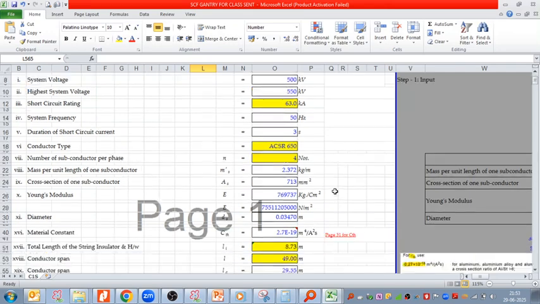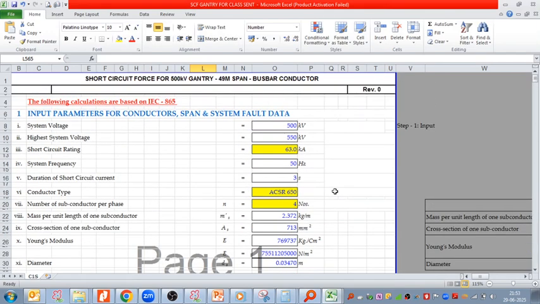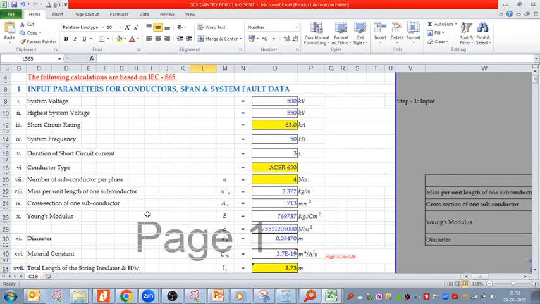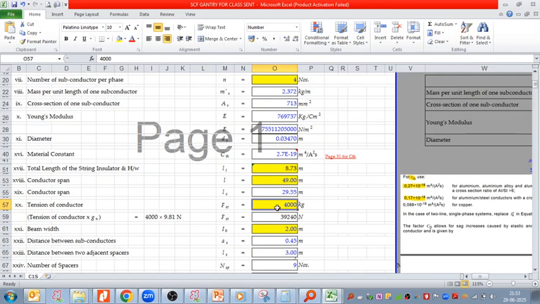Yes, sir. If I look at this, I have noted here the tension of the conductor. I have taken 4000 kg, considering 1000 kg per conductor. I have 4 conductors per phase, so 4000 kg per phase.